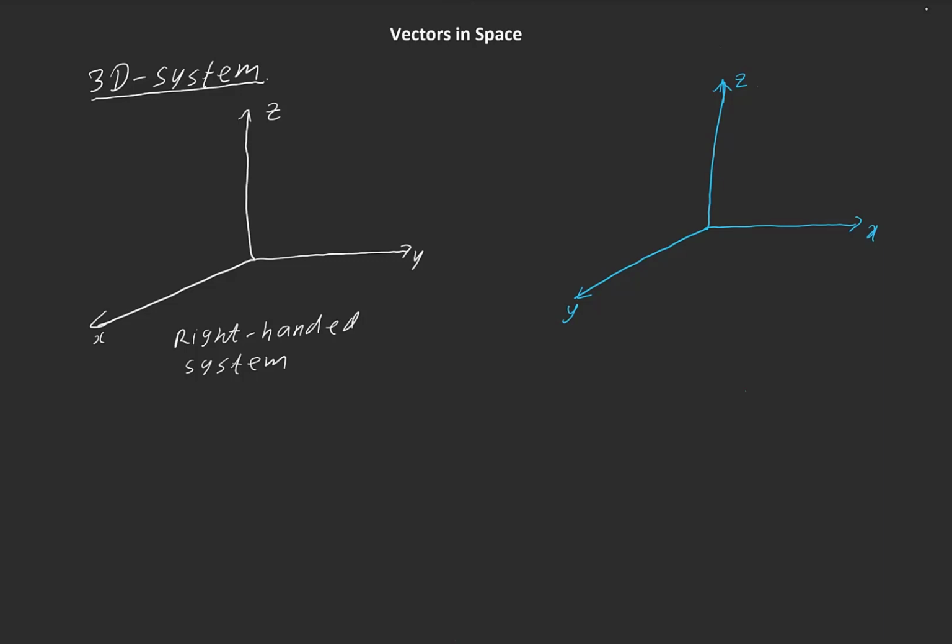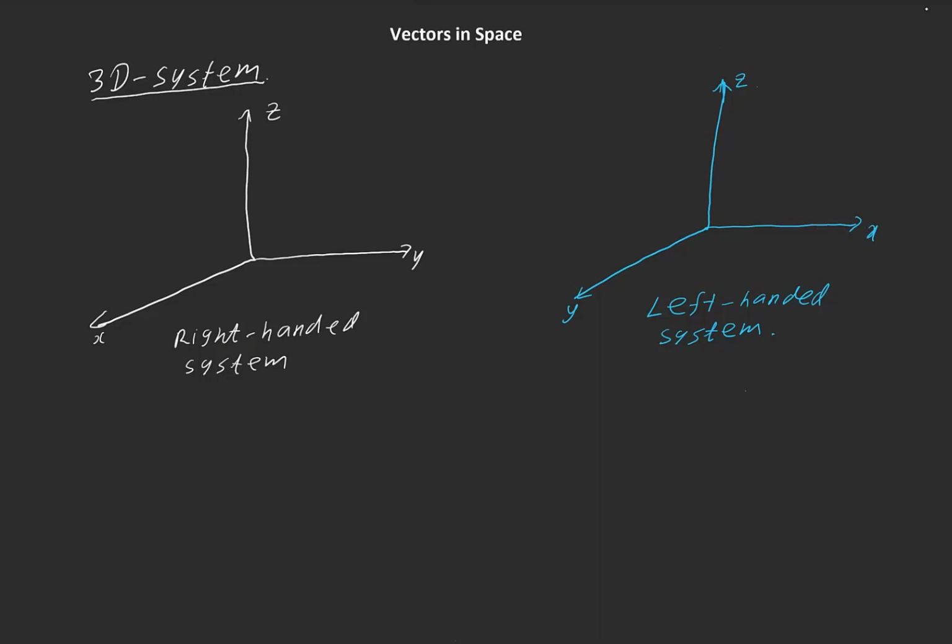The second one is the left-handed system. So what is the difference between these two? Actually, here the x and y axes are changed, right? You see the x axis is here, y is here, and here the y axis and x.